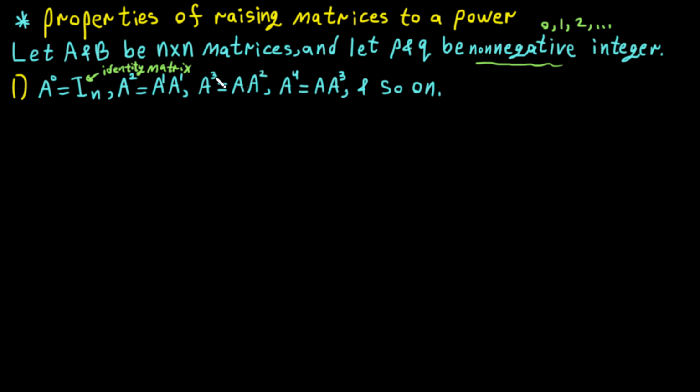A^3 equals A^1 multiplied by A^2. If you add these exponents, 1 plus 2, you get 3.